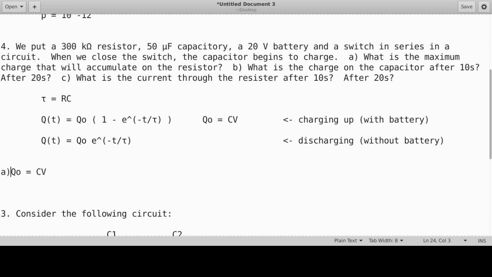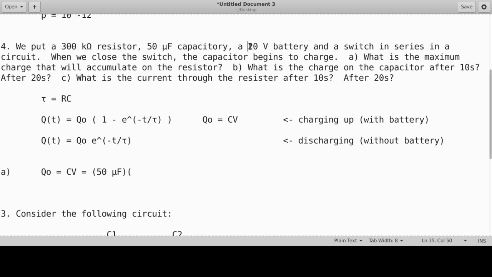Q naught is just equal to CV. In fact, that's just a definition of capacitance, because when I first wrote the equation for the capacitance, C is equal to Q over V, that's the definition of capacitance, and this is just a rearranged form of that. So what do we have here? Well, we have the capacitance. I told you it's 50 microfarads.